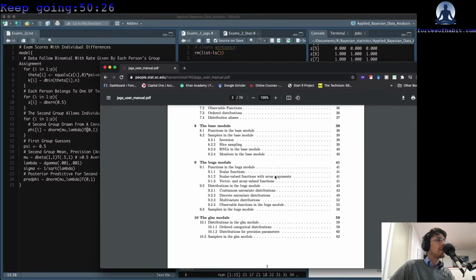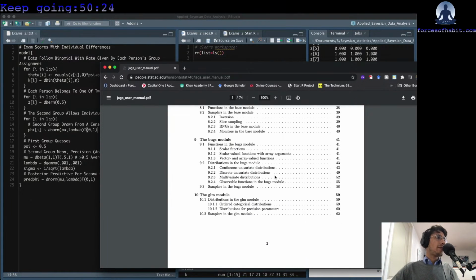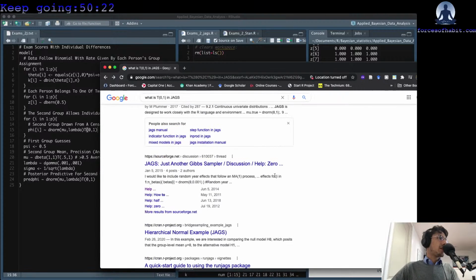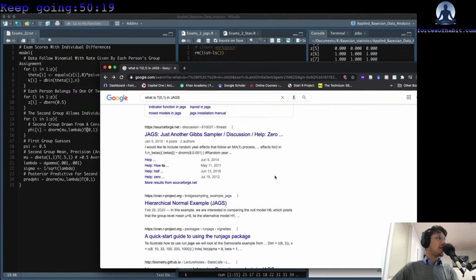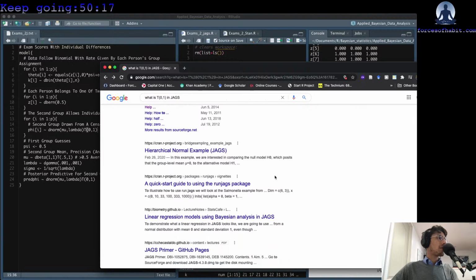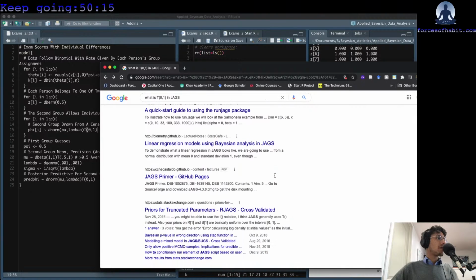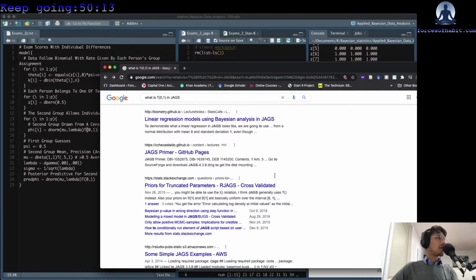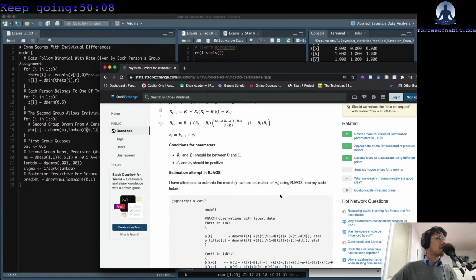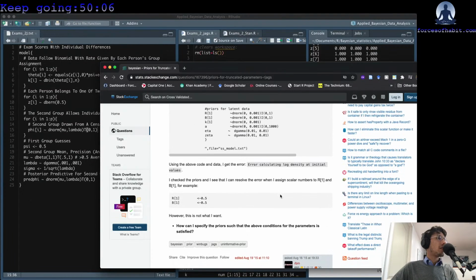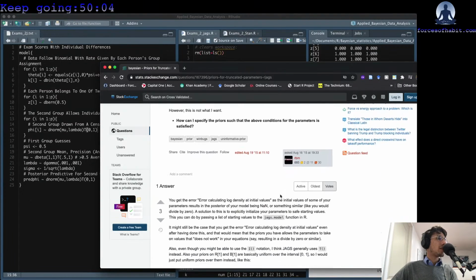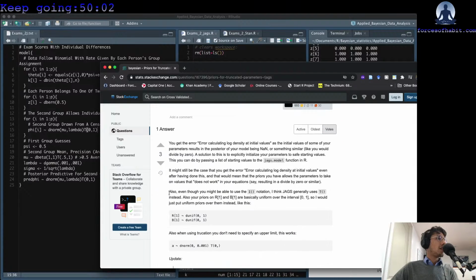Let's see, I'm looking for some, it looks like it's a censoring tool of sorts. All right. Looks like there's some insight here. Also, even though you might be able to use I notation, I think JAGS generally uses T notation instead.